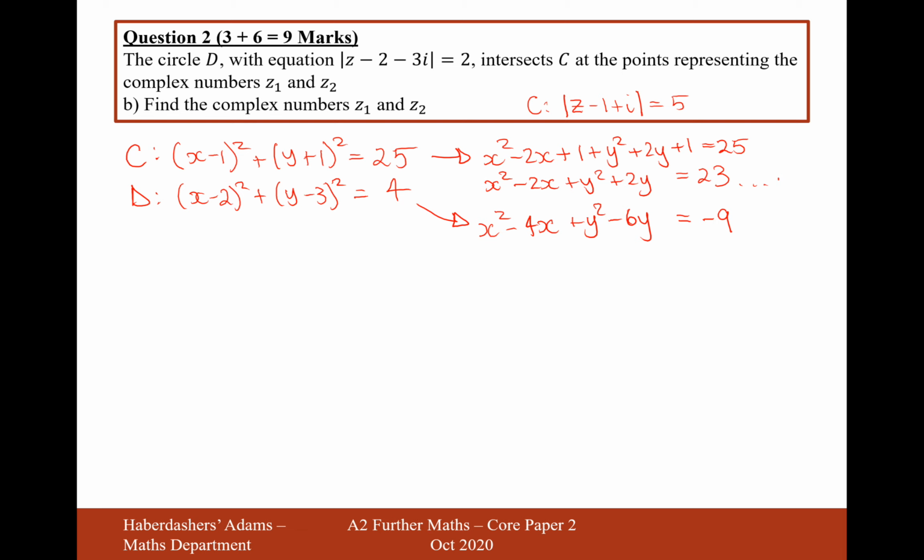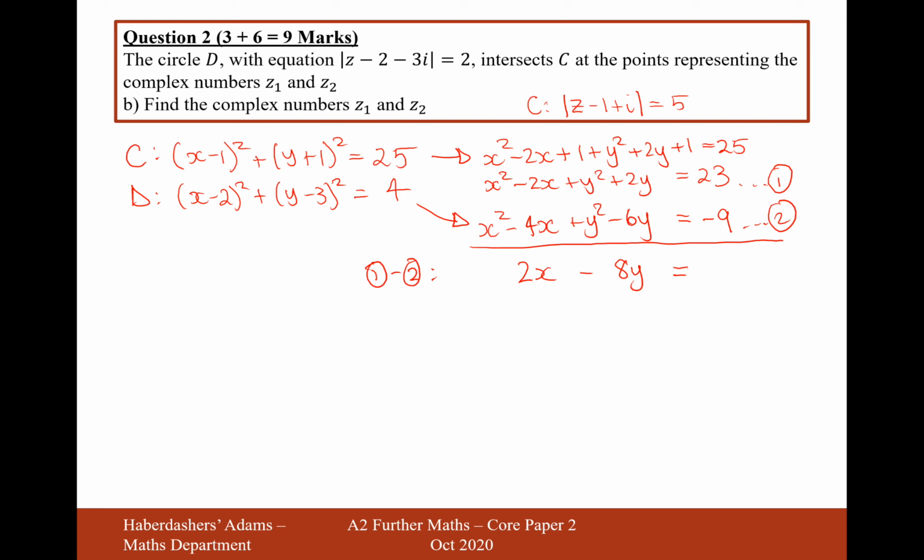So now let's subtract these equations one from the other. If we do equation 1 take away equation 2, then x squared take away x squared will cancel out. Minus 2x minus minus 4x will give us 2x. y squared will cancel out with y squared. 2y minus minus 6y will give us, sorry, a plus 8y, because it's a double negative there, so it makes it plus.